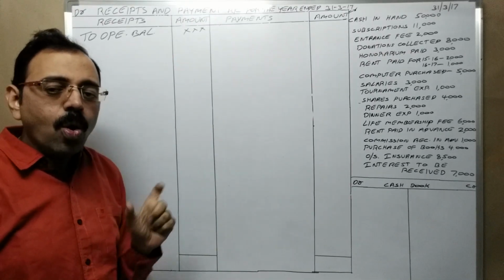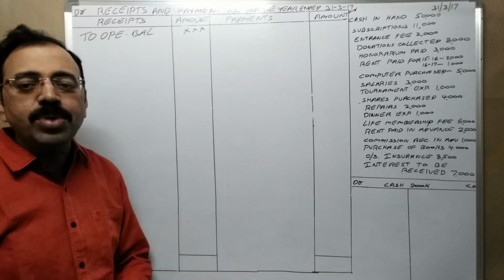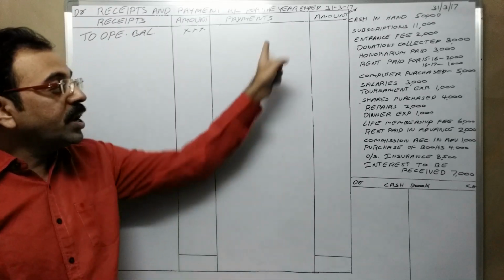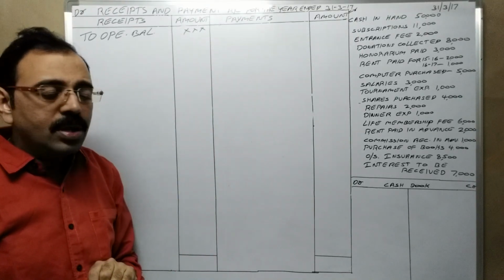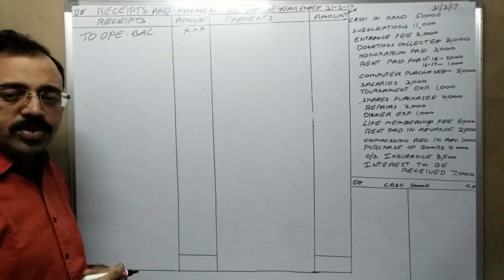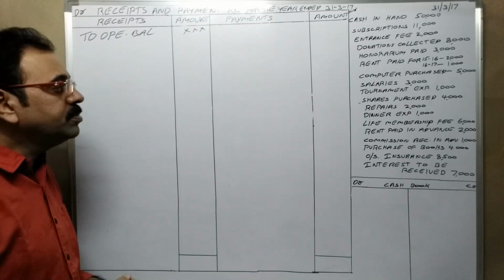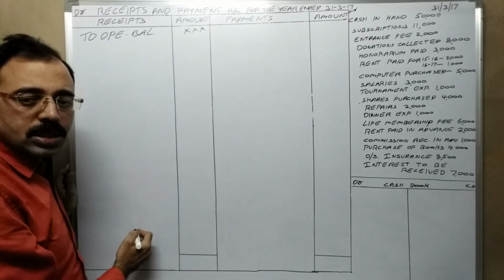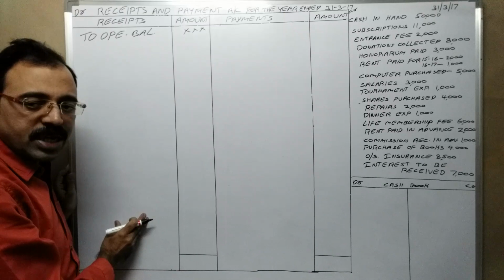Sometimes he gives opening bank overdraft balance. Since it is a liability, since it shows a credit balance, on the credit side we should write that. Clear? Assume that he has given opening cash balance, so on the debit side we have taken that. And whatever amounts come to us, all those amounts we should write on the debit side.